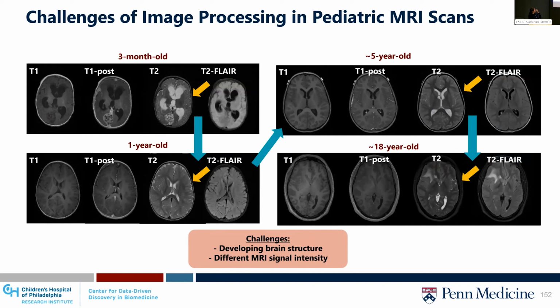Also, the signal intensities on MRI images are changing. So it is difficult for the models that are trained on adult scans to find the patterns in pediatric brain tumor scans.